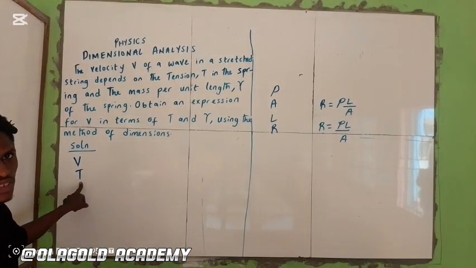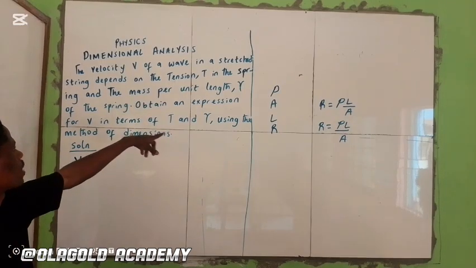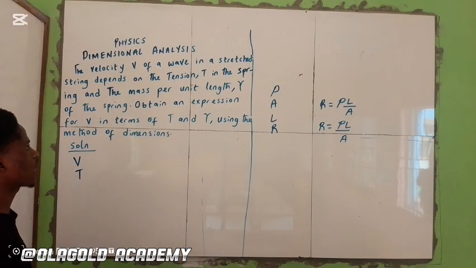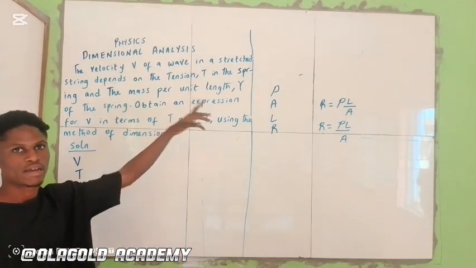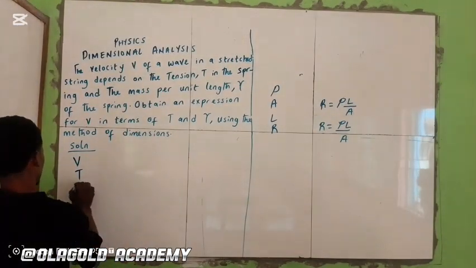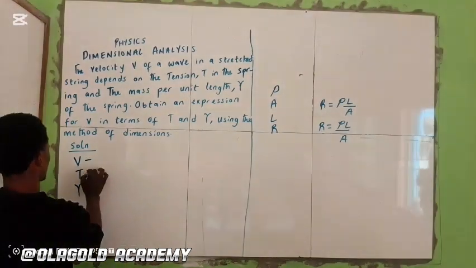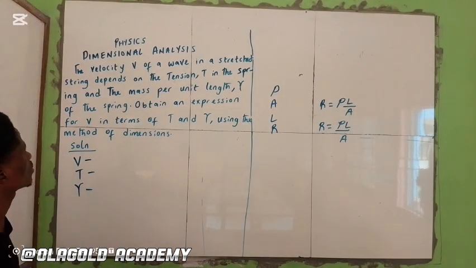Express it as T, not F. And next, we are having mass per unit length, which is gamma.